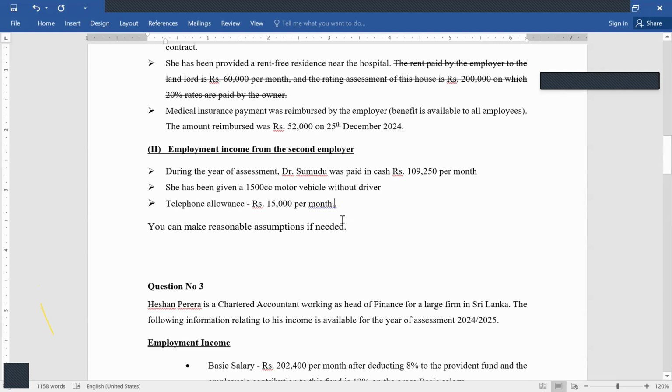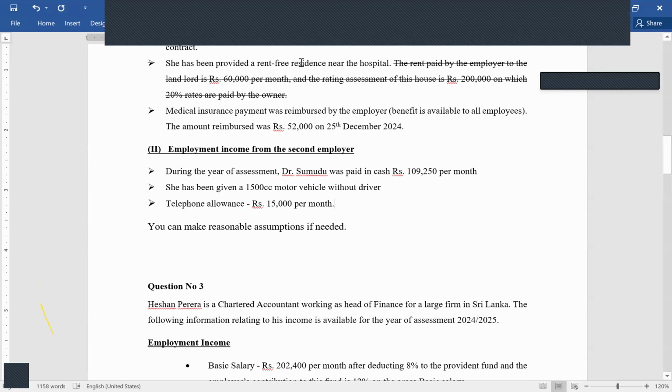First of all, tell me whether this is a liable figure or not. Then what is the amount if it is liable?